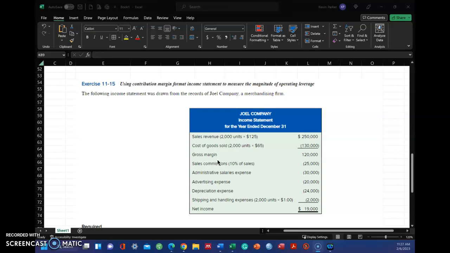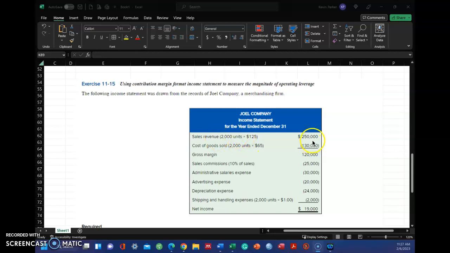For example, EBITDA, some of y'all might be familiar with that, which is earnings before interest, taxes, amortization, and depreciation. All right, so this is GAAP, and what we're going to produce as a part of this problem is a non-GAAP income statement called the contribution margin format. Both things that I just shared in the first minute of this video could be on your test.